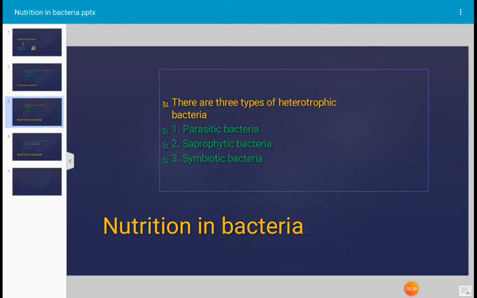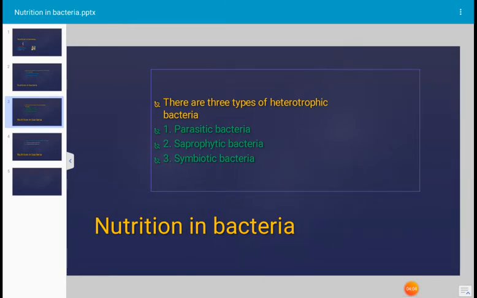The organic matter may be a dead organism or dead animal or dung of animals, or it may be rotted wood or rotted leaves or rotted fruits, etc. They bring about decomposition of complex organic substances with the help of enzymes, and later on absorb soluble simple organic substances. This is how nutrition occurs in saprophytic bacteria.